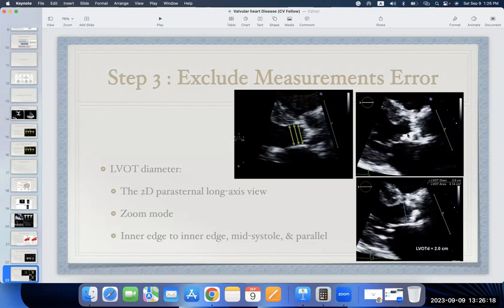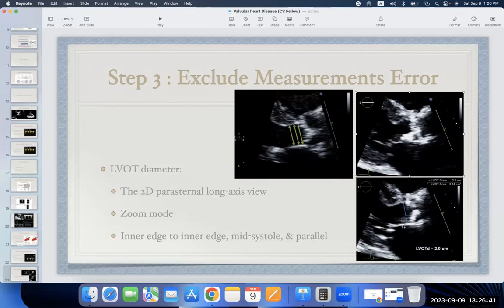You have two ways to exclude calcification. Either measure the diameter from here all the way to here, because I can see that this is the aorta, the anterior leaflet, so the LVOT actually extends all the way to here. Or, if you are the one acquiring the images, try to tilt the images.